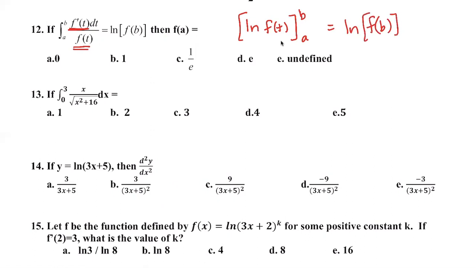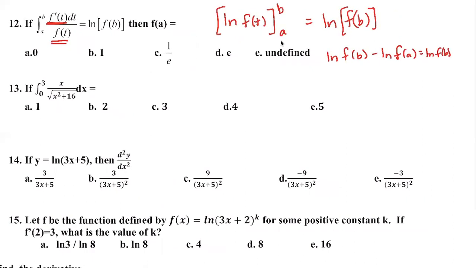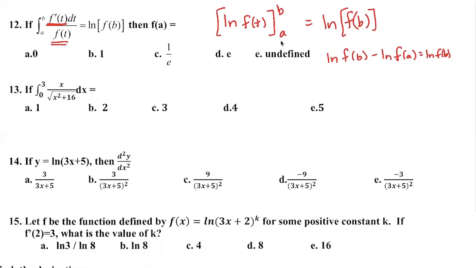Now, if you're evaluating the ln of f of t from a to b, you would have the ln of f of b minus the ln of f of a equals the ln of f of b. Now, with subtraction with logs, what can you do? Divide. So you'd have the ln of f of b over f of a equals the ln of f of b.